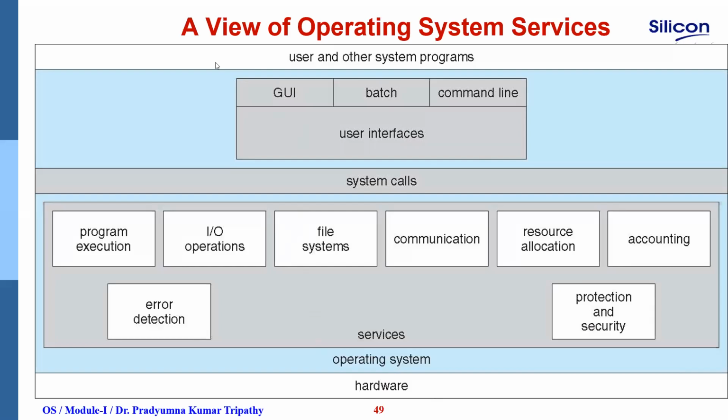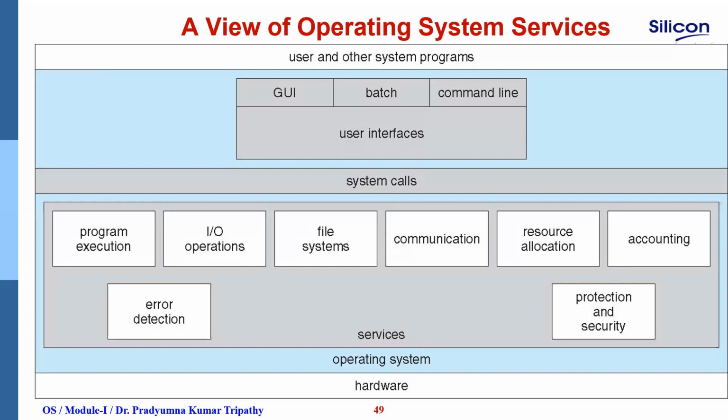My question is, how will a particular program invoke a particular service? Say I want to communicate to another computer, so I need a communication service. The application program will request the communication service of the operating system. It will invoke this communication service through a call, by invoking a procedure called a system call.